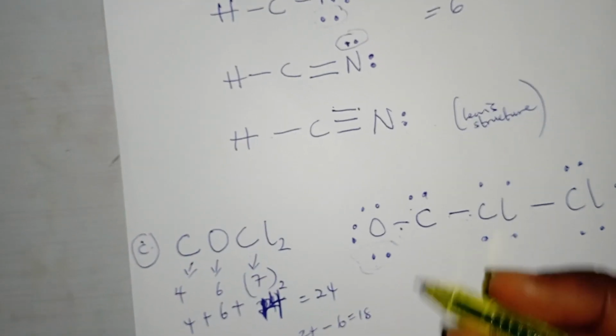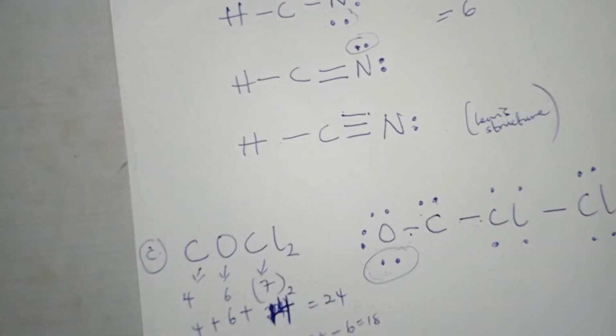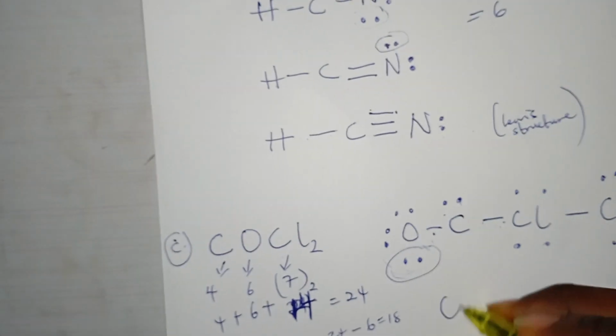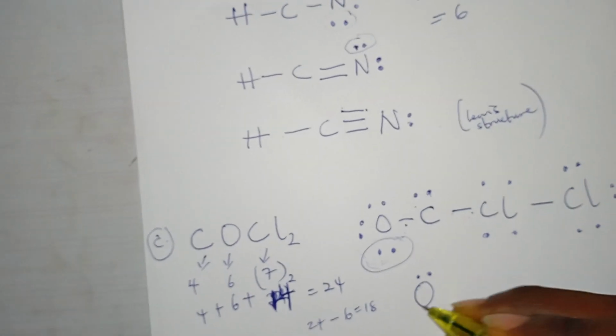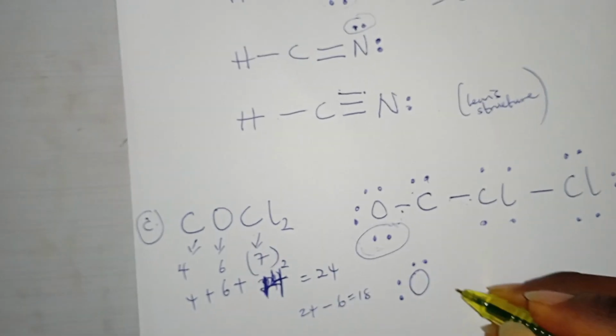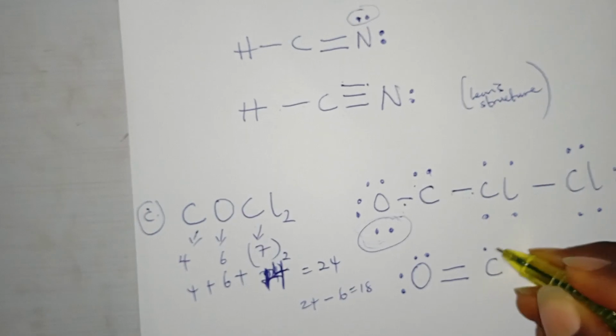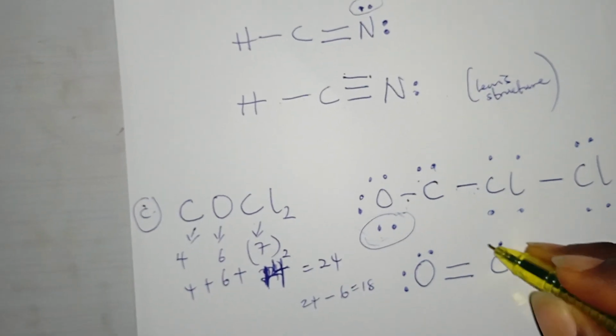So from this oxygen, I will carry this lone pair and put it here, so that I will now have O, then that lone pair, then my C. Write every other thing to be the same.